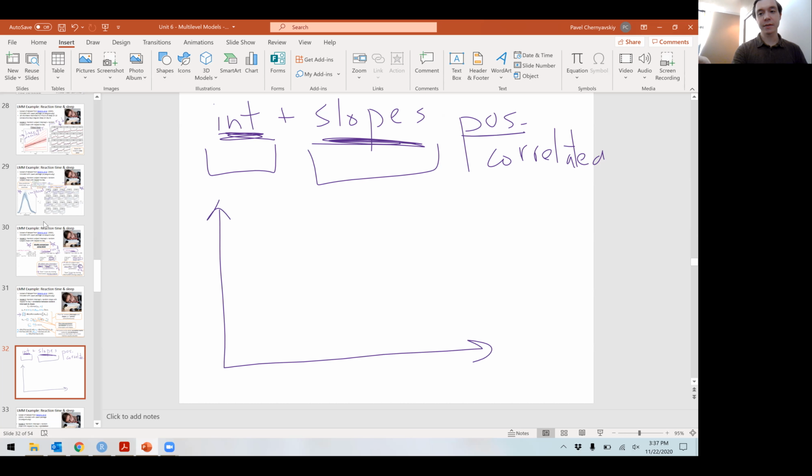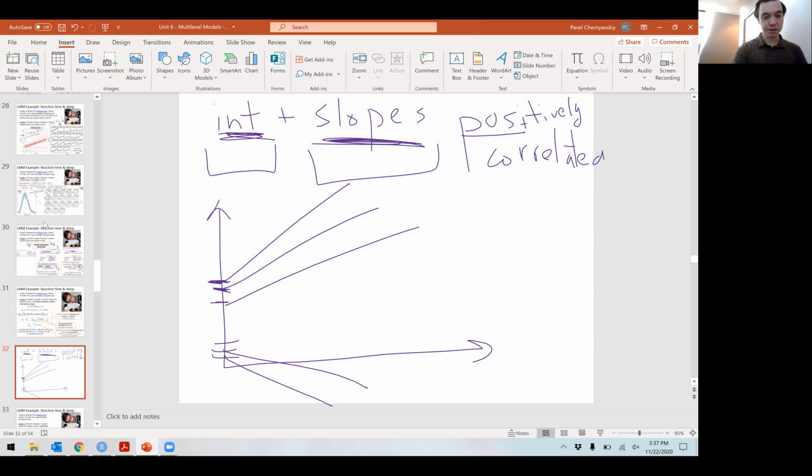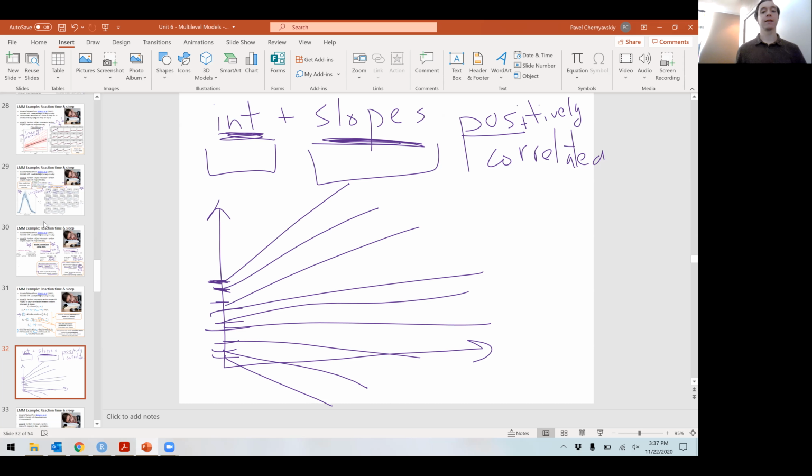All right, positively correlated. If you start high, you go up and increase faster. If you start low, you decrease or increase slower. If you start in the middle, maybe you don't change at all. This picture is when the correlation between intercepts and slopes is positive.